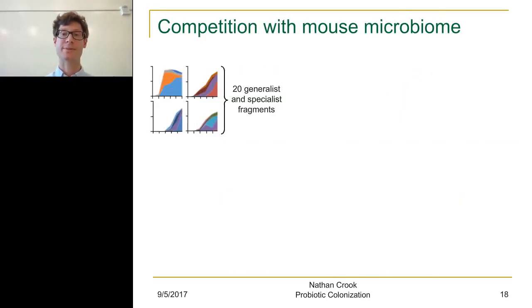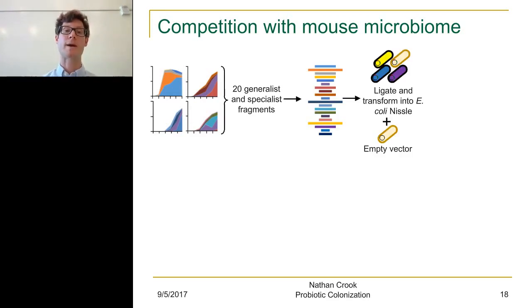So next, we took these fragments and wanted to figure out whether they would enable colonization of a more complex mouse microbiome. So we took all of our 20 generalist and specialist fragments that we identified in prior experiments, cloned them out, and transformed them into E. coli Nissle in a fresh strain.